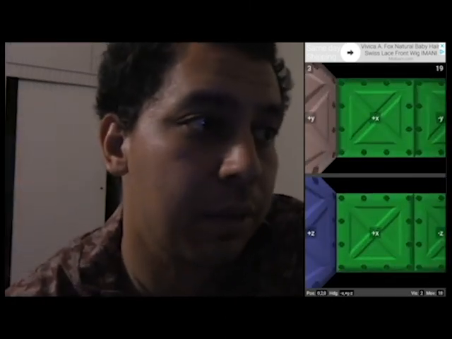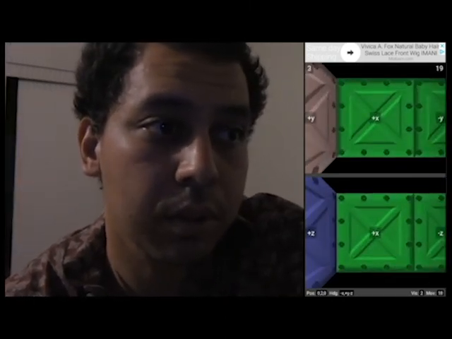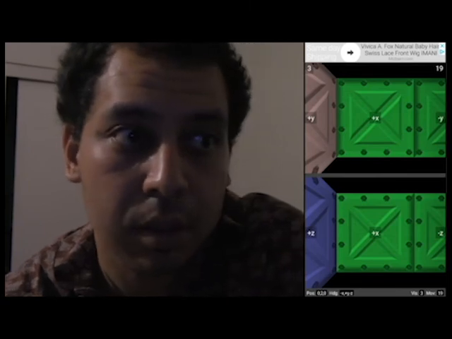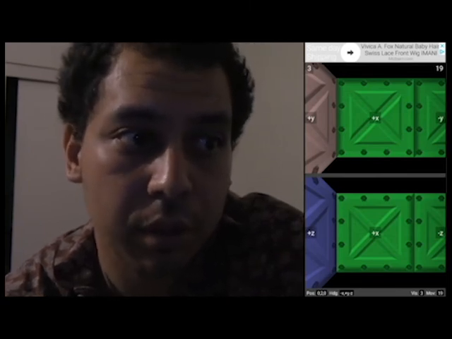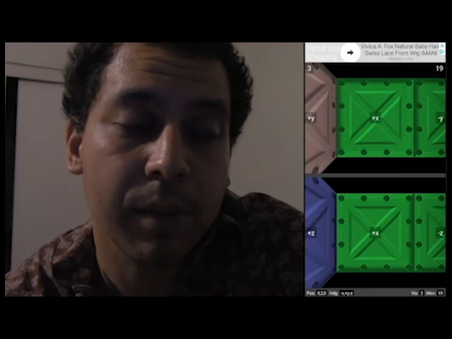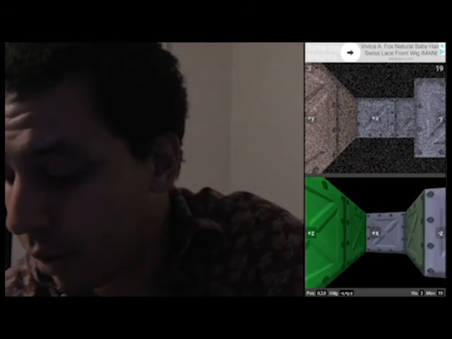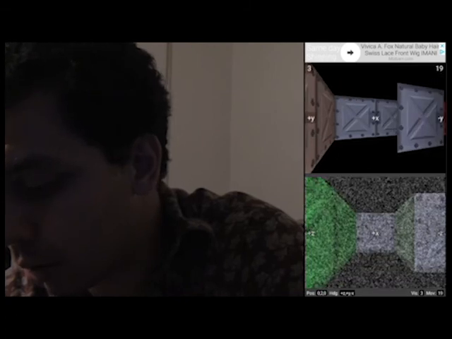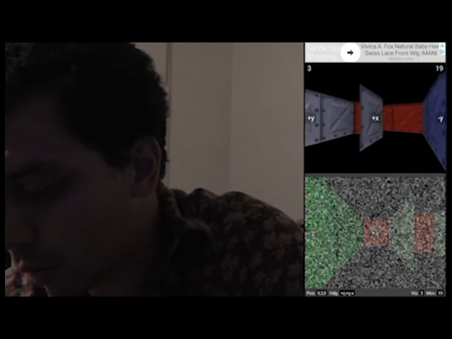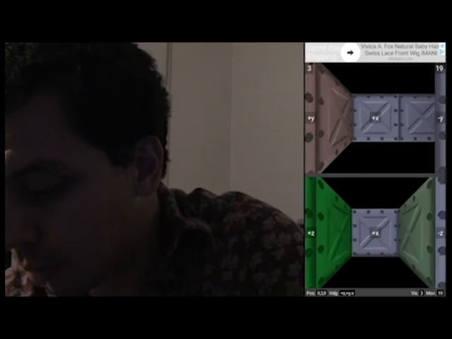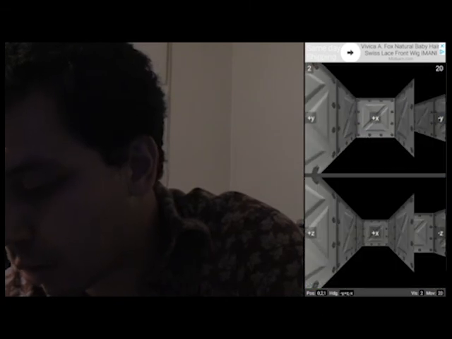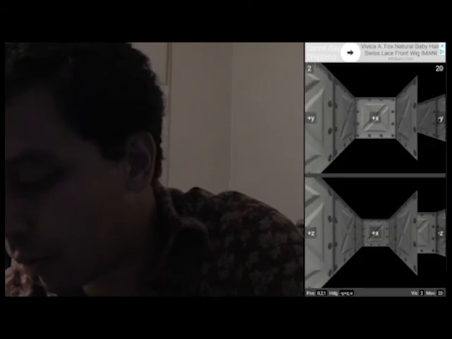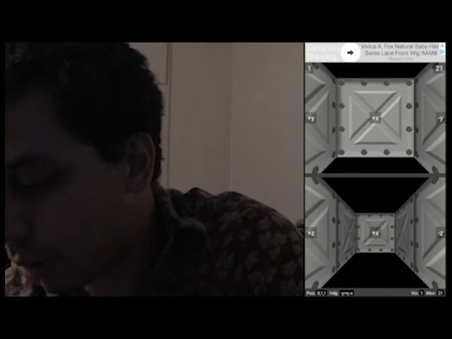Using the principle that when you move in a 3D world, depending on your position in the 3D world, you will have different types of access to the 4D. So I'm just maneuvering here. Oh my goodness, this is the part of the maze where I get limitations.